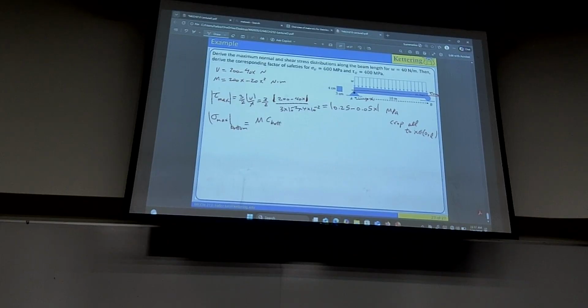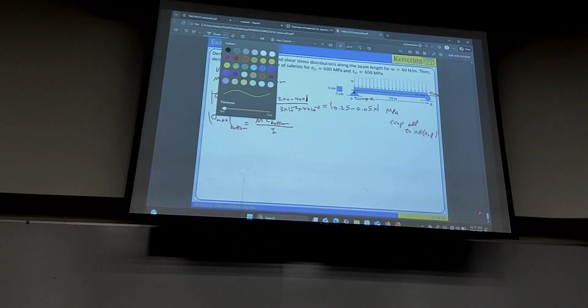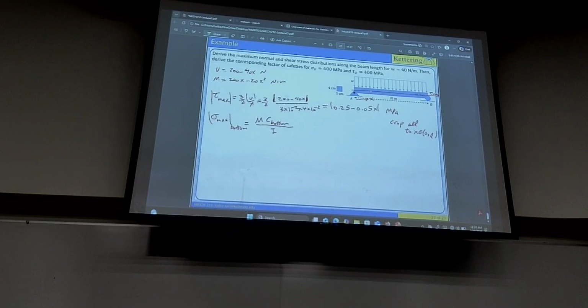MC of the bottom is repeated over I. And as before, we said at x, let me choose a different color. So at x, we're taking x, y, z axes. We know that it's above z, as Justin said, Iz.